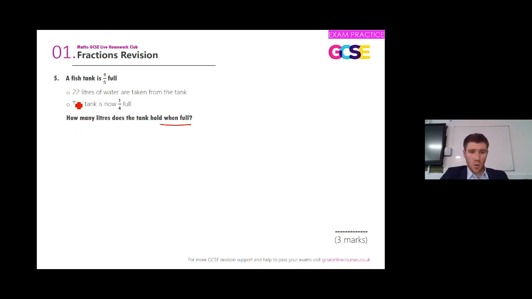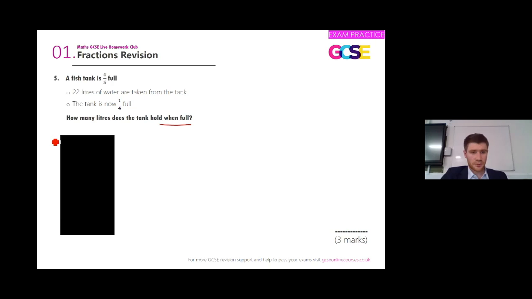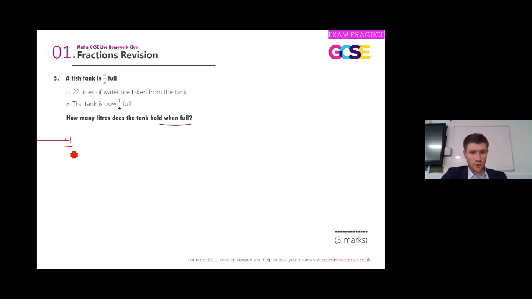To find out what that is as a fraction, I'm actually going to do 4/5 subtract 1/4. That will tell me how much of a fraction I've lost, and that fraction will be equal to the 22 litres. Okay, so we've done this adding and subtracting of fractions before.